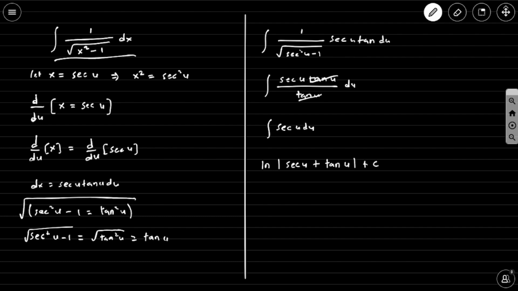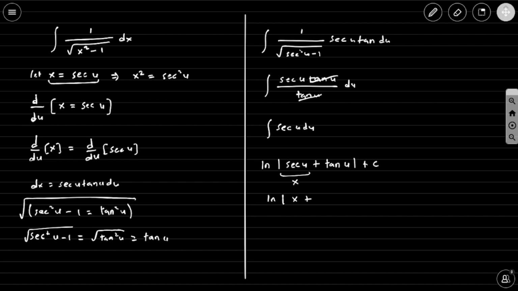We have to have a result in terms of x. So what we're gonna do is, if you notice that secant u is actually x, and therefore we can just change this to ln x plus. But how about tangent u?